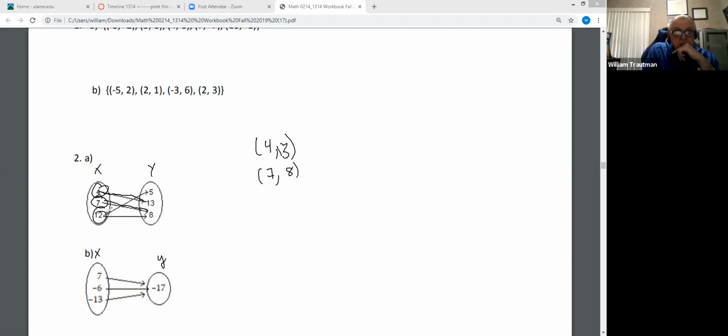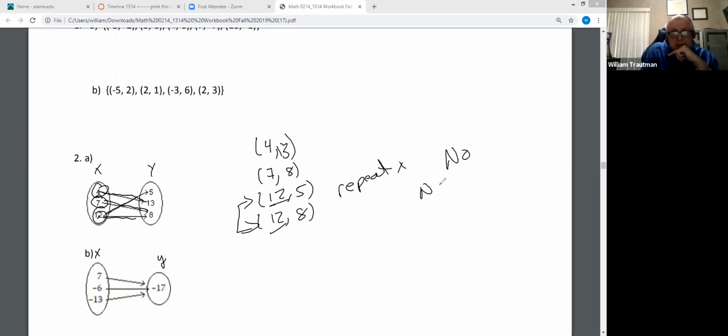If I have an x value of 12, this goes to a y value of 5. And also, if you go to 12, it also has a y value of 8. In this one, we have a repeating x. So no, not a function.